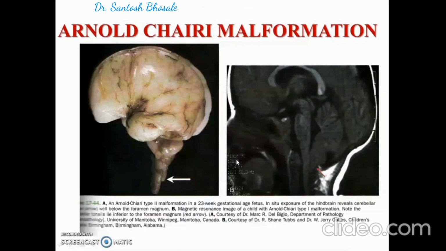You can see here Arnold-Chiari malformation where there is herniation of the components of the hindbrain. You can see the herniation there and compressing on the posterior part of the medulla, leading to different symptoms and signs.